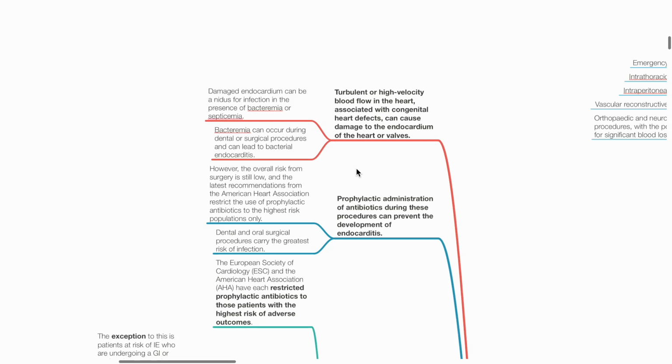Damaged endocardium can be a nidus for infection in the presence of bacteremia or septicemia. Bacteremia can occur during dental or surgical procedures, which can lead to bacterial endocarditis. Prophylactic administration of antibiotics during these procedures can prevent the development of endocarditis. However, the overall risk of IE from surgery is still low.